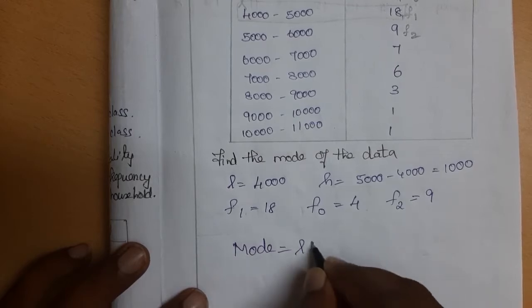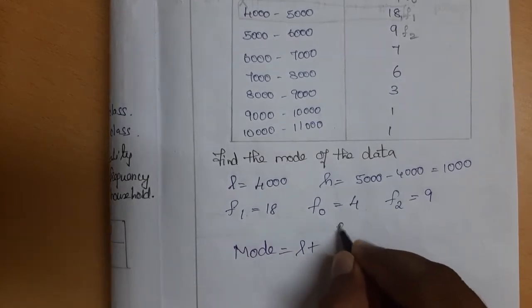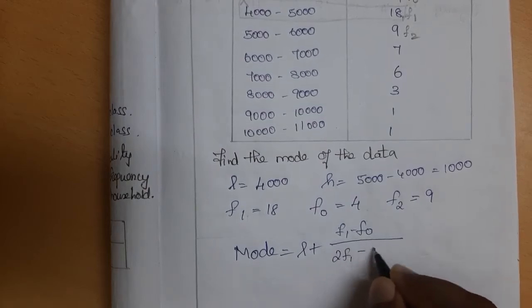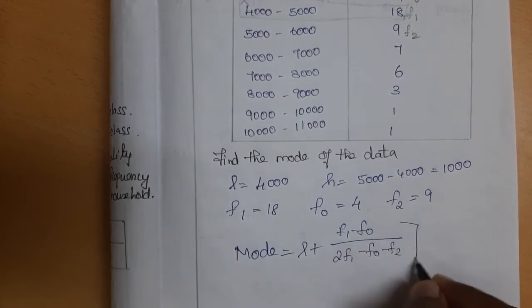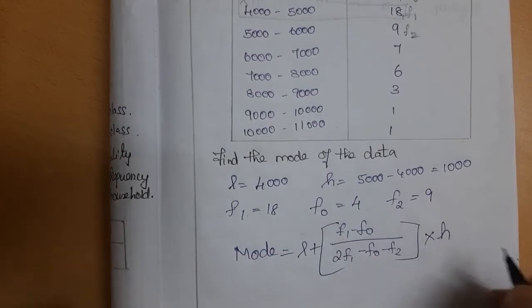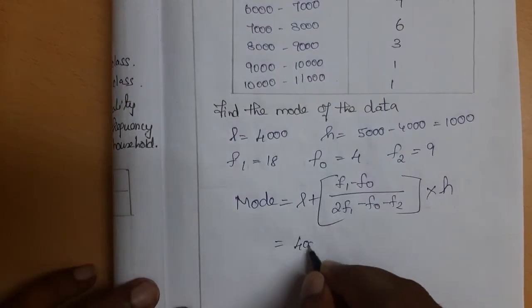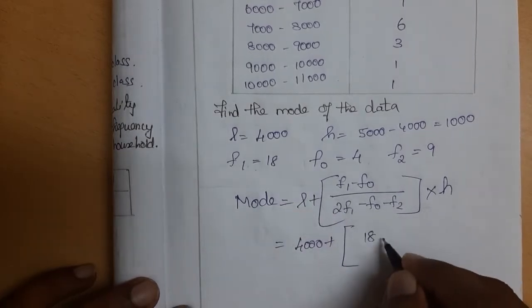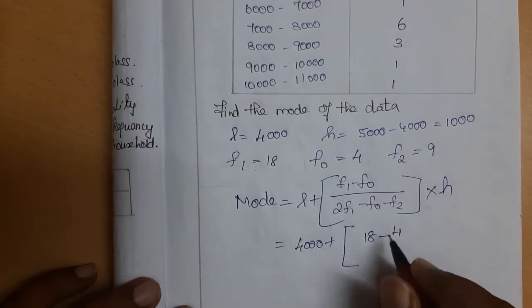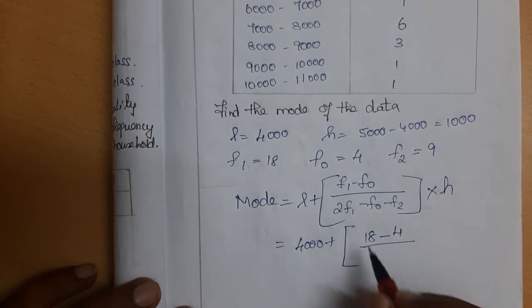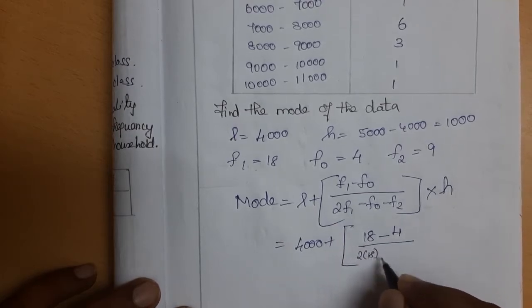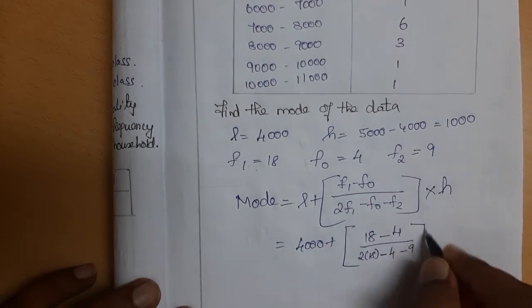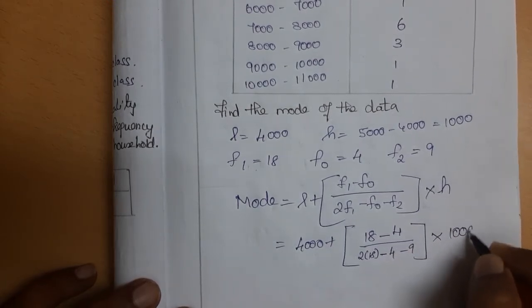Mode is equal to L plus (F1 minus F0) divided by (2F1 minus F0 minus F2) into h. Clear? So L is 4000 plus (F1 is 18 minus F0 is 4) divided by (2 into 18 minus F0 is 4 minus F2 is 9) into h is 1000.